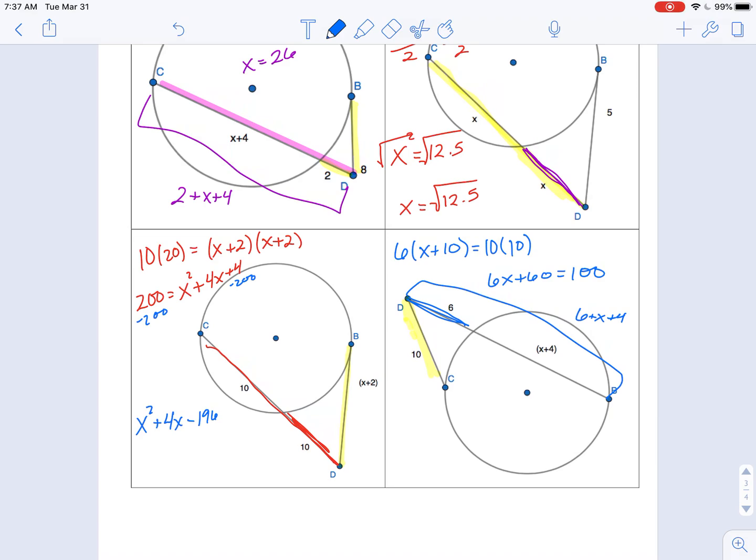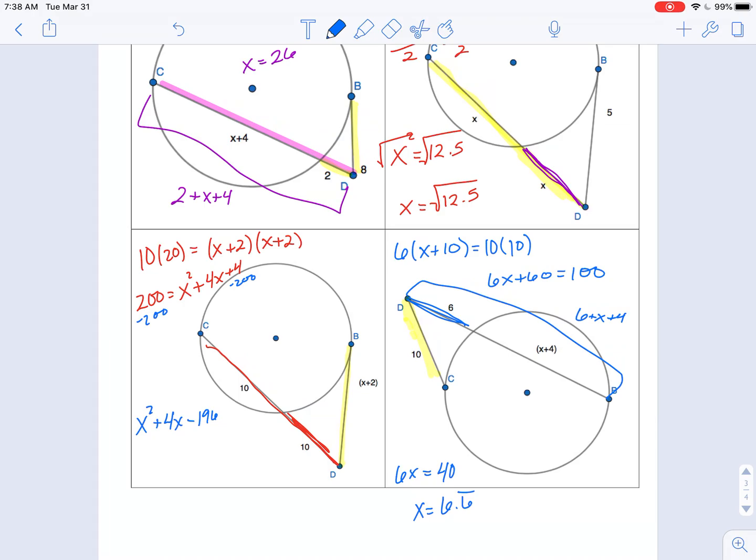So I've got 6x plus 60 equals 100. And this one's kind of nice, we can just solve. We don't have to factor or anything. So 6x, if I subtract the 60, equals 40. So x equals 40 over 6, which is 6 2/3.